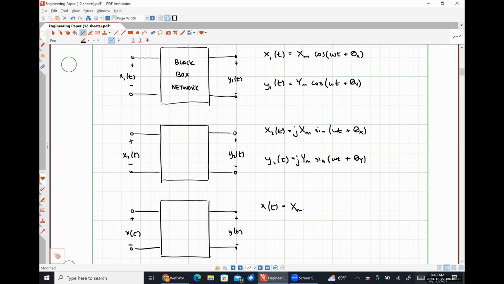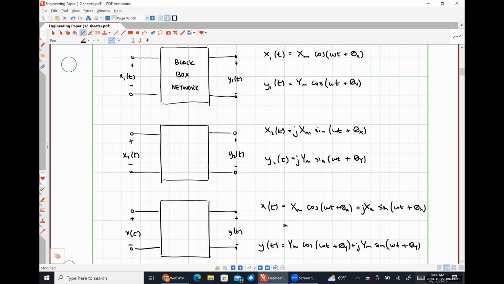So if I have Xm cosine omega t plus theta x plus j Xm sine omega t plus theta x, my expected output would be Ym cosine omega t plus theta y plus j Ym sine omega t plus theta y.